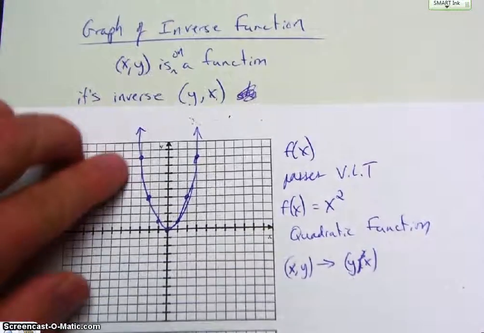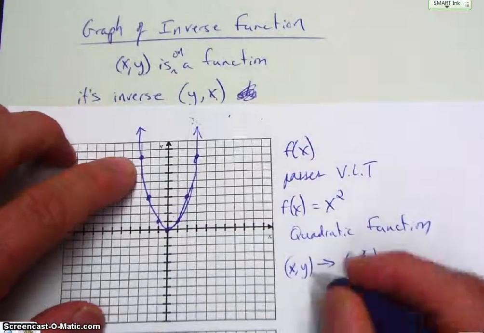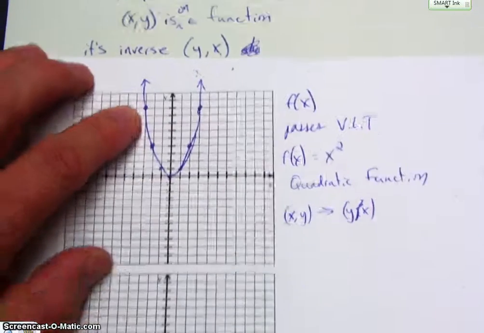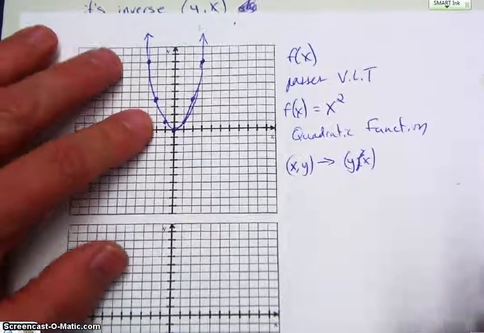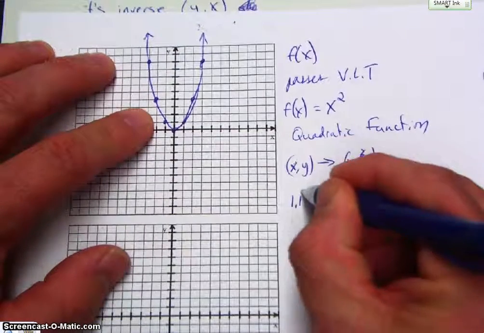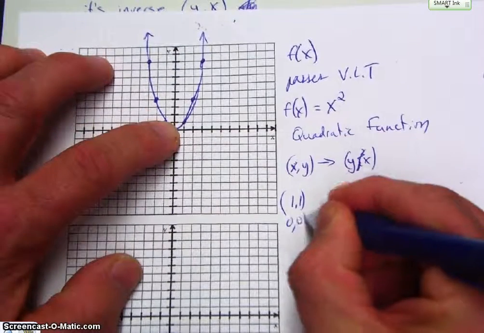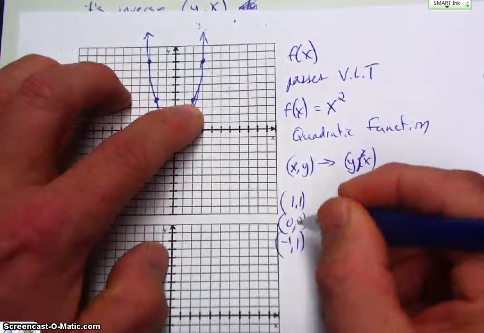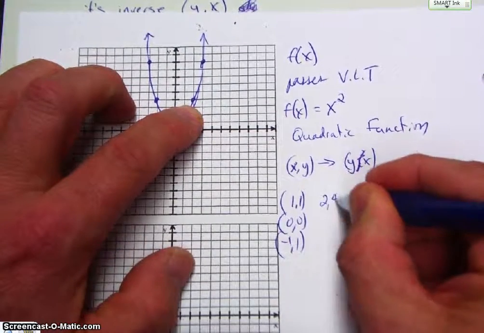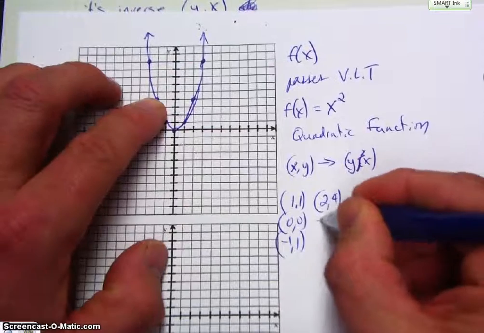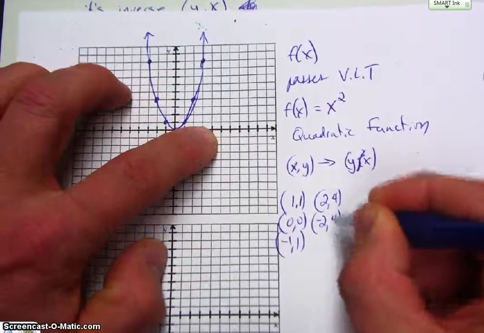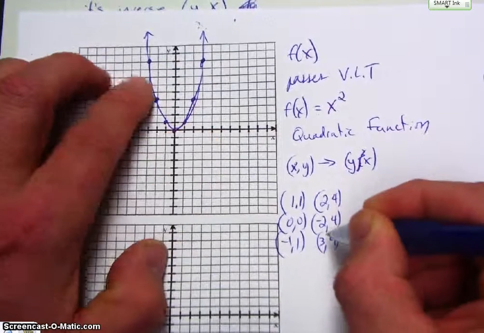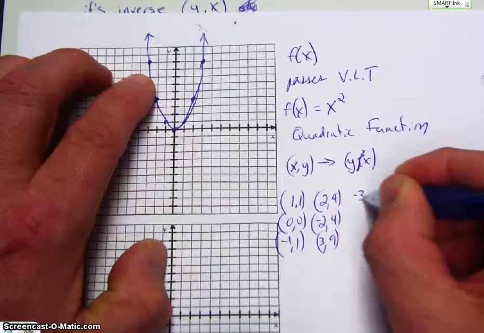So here we have the points: 1, 1, 0, 0, negative 1, 1, 2, 4, negative 2, 4, and 3, 9, and negative 3, 9.